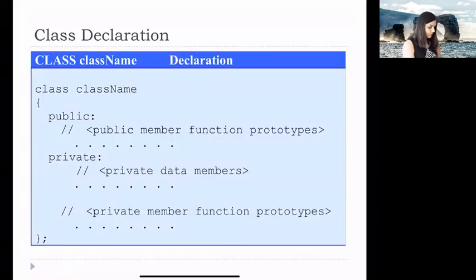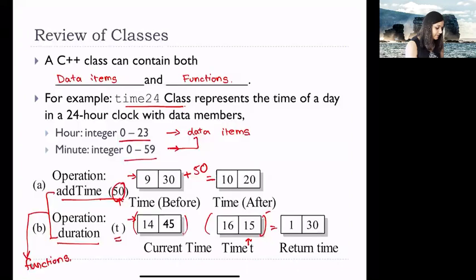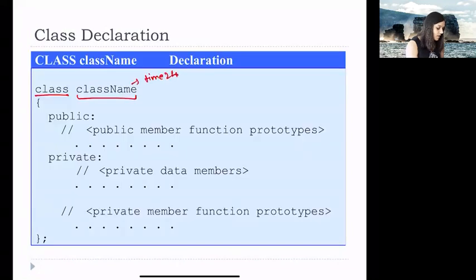In the world of C++ programming, how we use a class is, the class declaration, we need to use the keyword class, and then we give our class name. The class name can be anything that you like. In this case, we can give a class name of Time24, right? That was our class name previously in the example that we discussed over here.